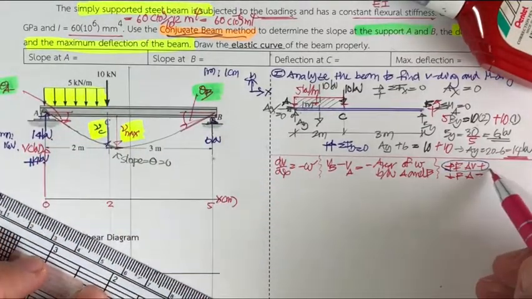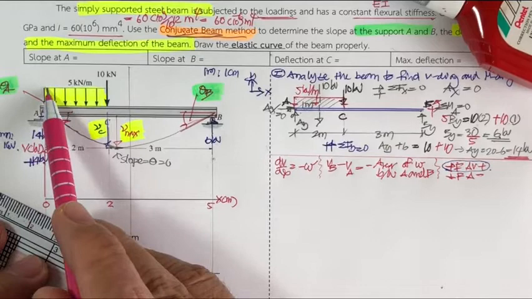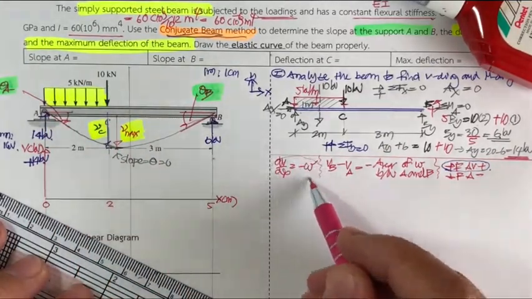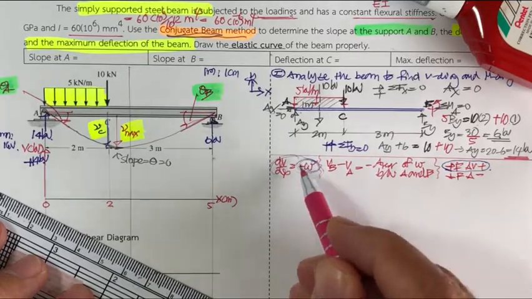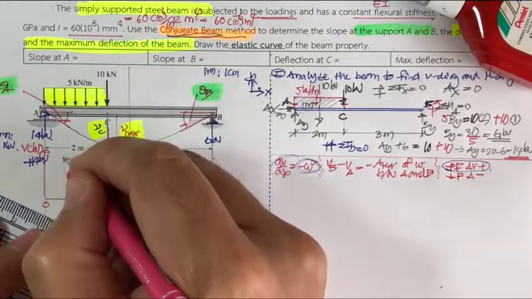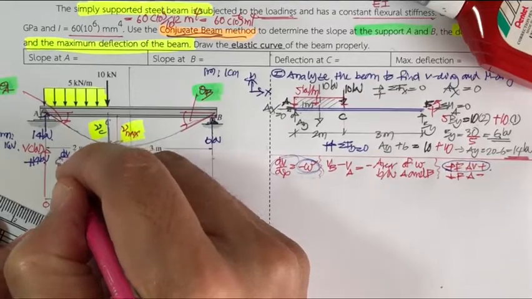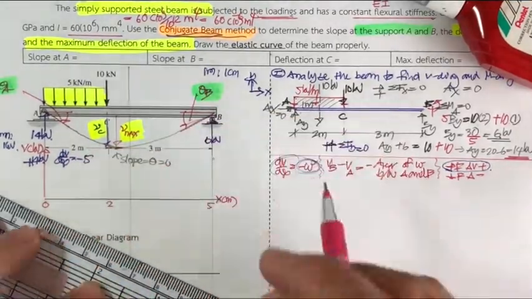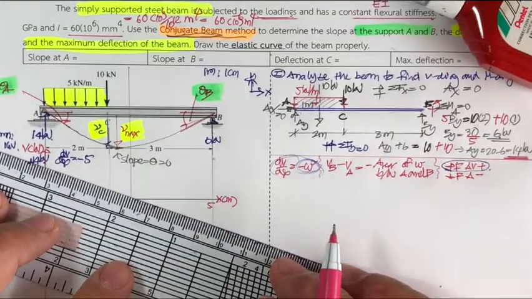That's the first one. And then you move inside it. When you move inside it, you find the distributed force. So the slope, dV by dx, is going to be minus 5.